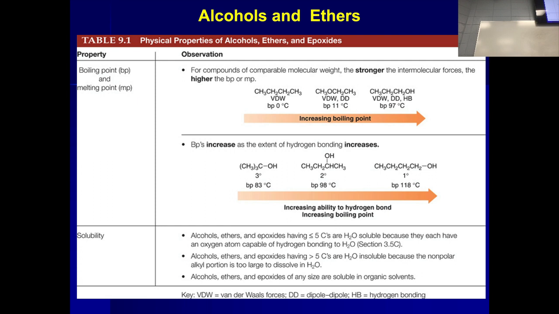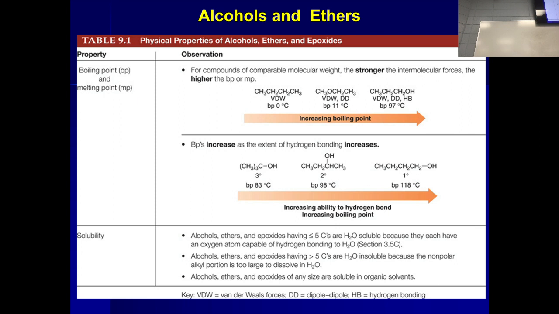All this one has is van der Waals forces. Right? That's the only thing it can do to interact with itself. It's not polar. Right? This is polar. So it's got dipoles. We get an 11-degree increase in the boiling point by just having a dipole in the molecule, because dipoles can interact with dipoles.